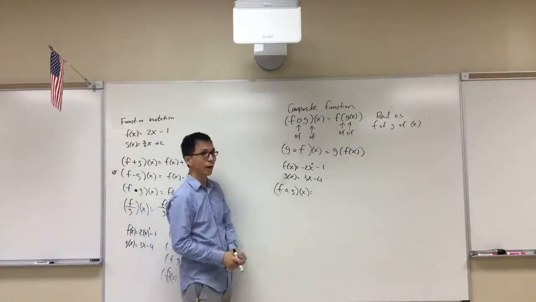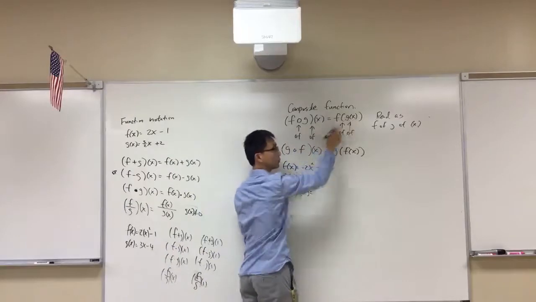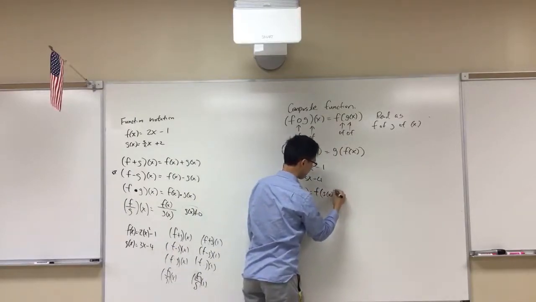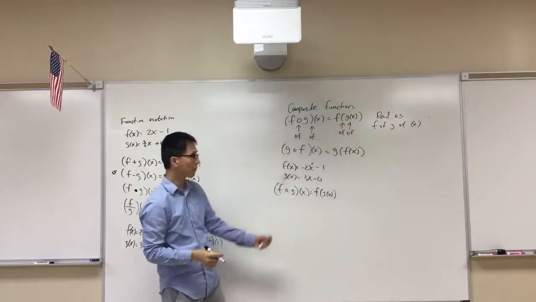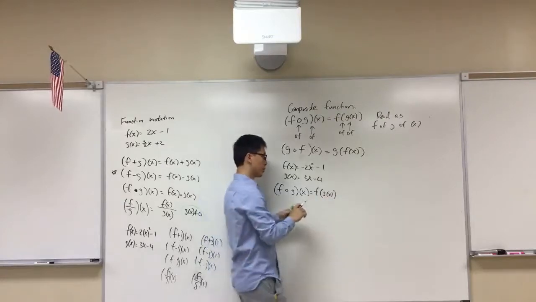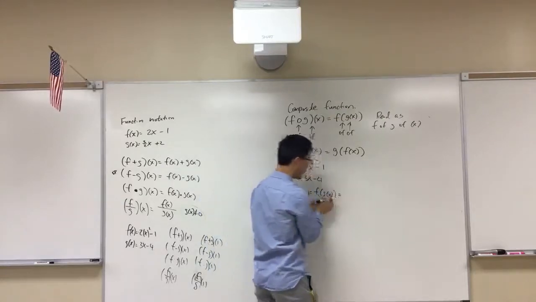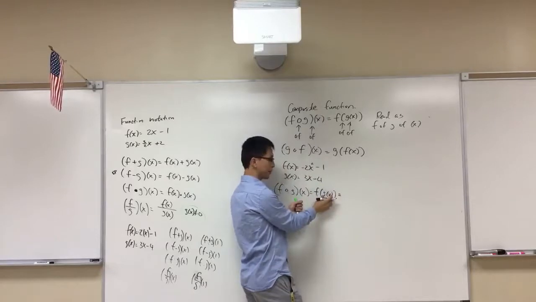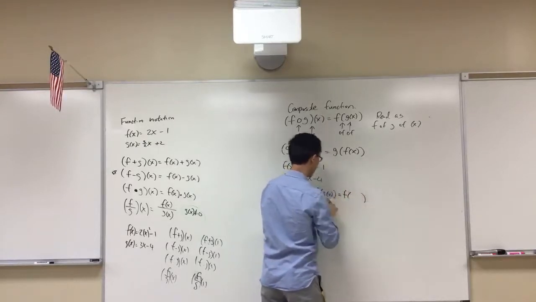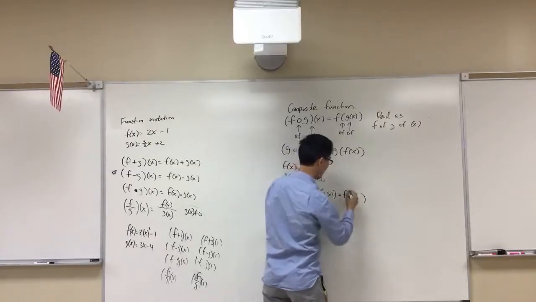I'll rewrite this as f, and I'm going to insert g of x inside. What is g of x? Since it's g, we always start from inside the parentheses first. So that's going to be f of g of x, and g of x is 3x minus 4.